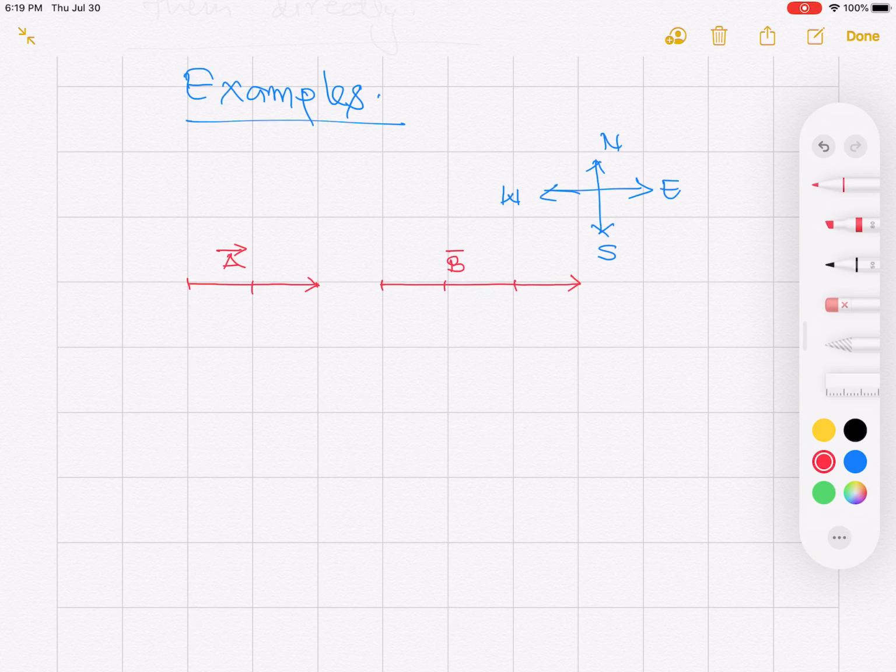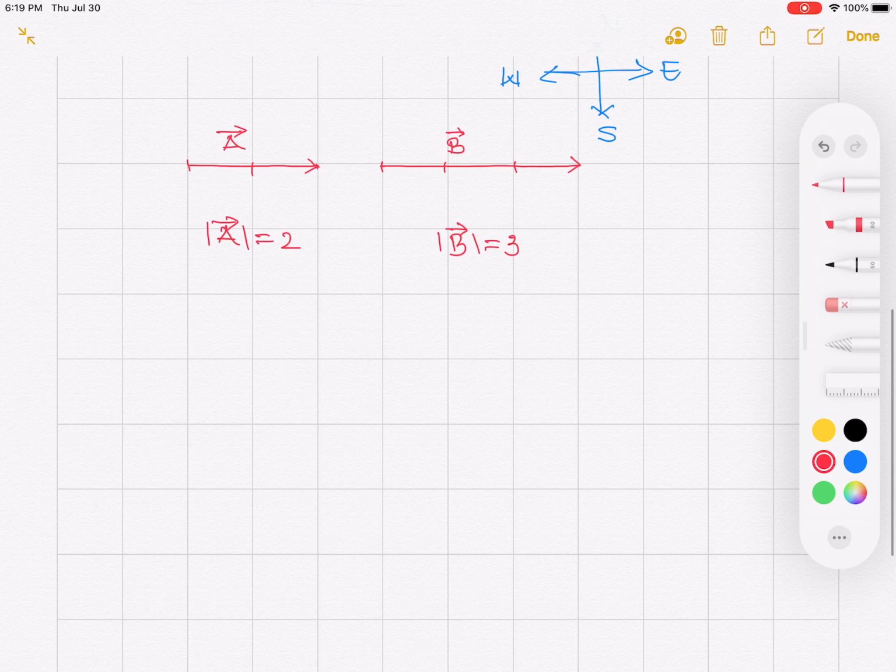So the magnitude of A is simply 2 units, the magnitude of B is simply 3 units, but they are in the same direction.